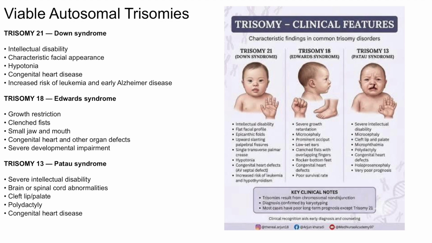Trisomy 13, or Patau syndrome, is associated with severe developmental disability, brain abnormalities such as holoprosencephaly, cleft lip or palate, polydactyly, and congenital heart disease. So trisomies 13 and 18 generally have a much poorer survivability than trisomy 21. But for exams, just connect each trisomy to its distinctive pattern rather than just memorizing isolated findings.